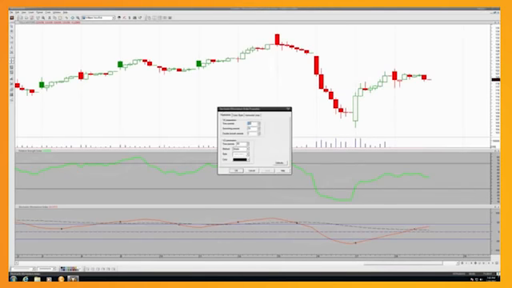This is 18 and 40, right? Now this one has a tremendous amount of smoothing. The smoothing period is essentially the same time period, and the double smoothing period is 1. Now if I move this down, again, to remind you, it gets a lot more jagged, and you can make better decisions if you so choose.